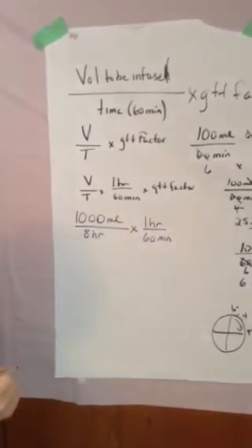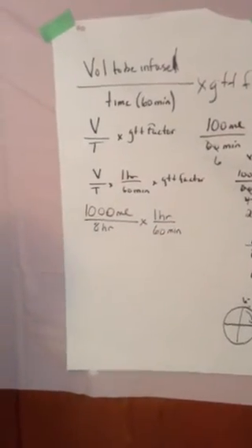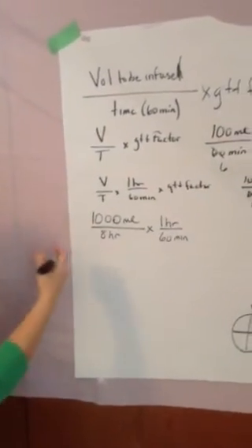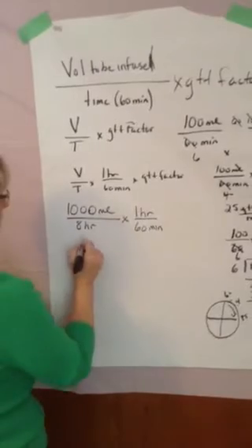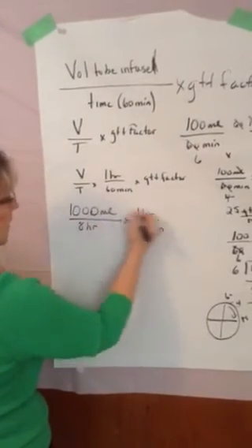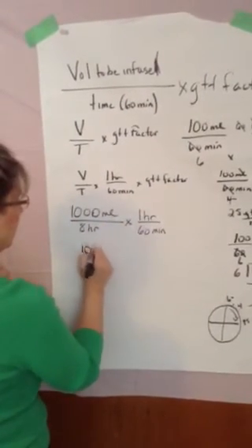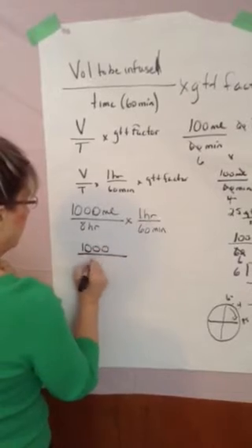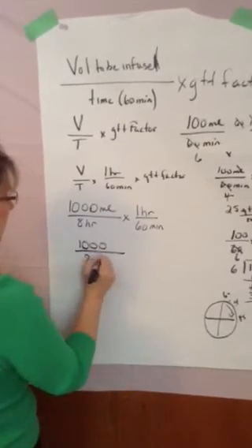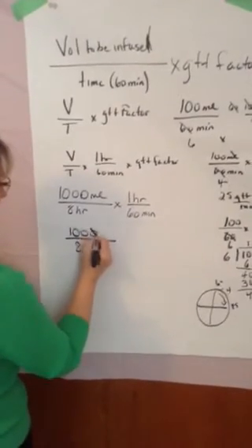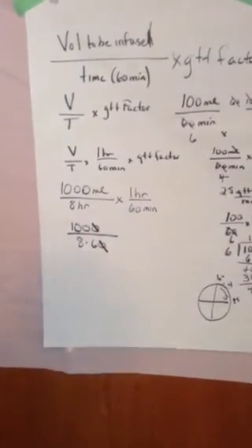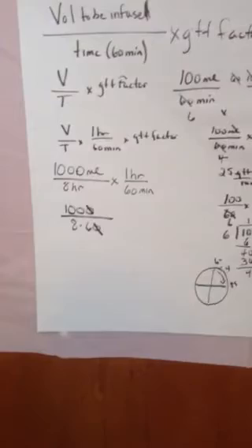So how many mils per 1 hour? Okay, so now remember when you're multiplying fractions, you go straight across. So we've got 1,000 times 8 over 8 times 60. Now we can cross off a 0.